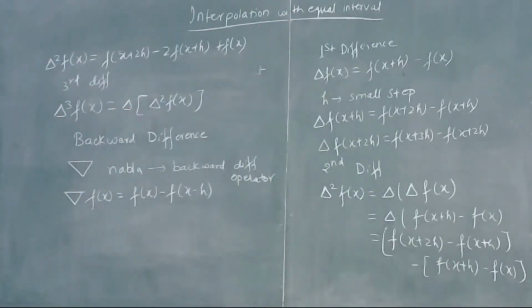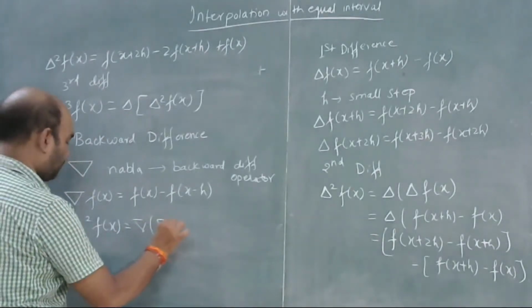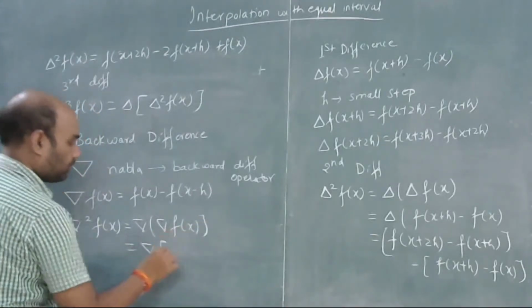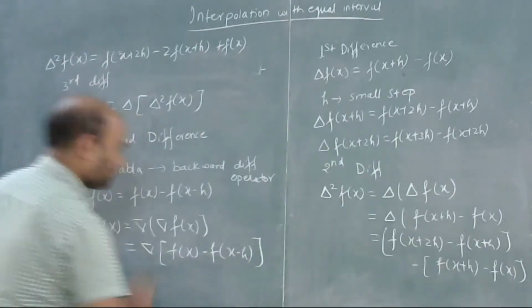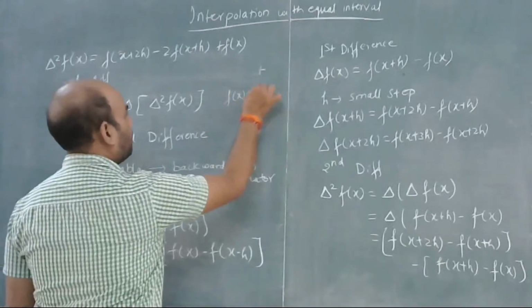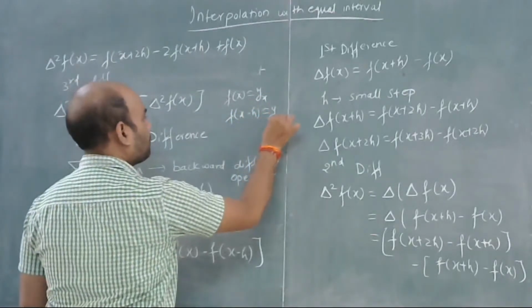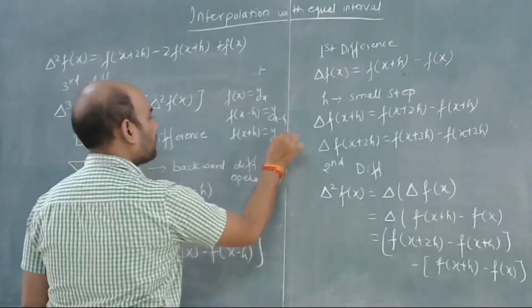Similarly, we can find the second difference. It will be the backward operator applied to f of x, so the difference will be f of x minus f of x minus h. Previously we took f of x as y of x, f of x minus h as y of x minus h, and f of x plus h as y of x plus h.